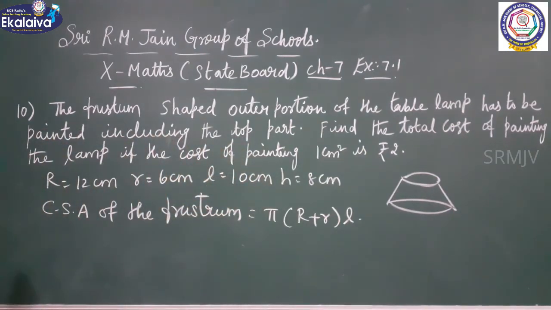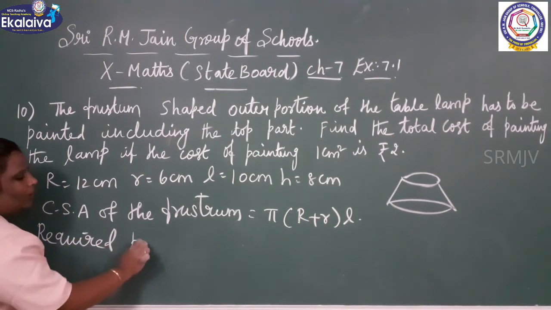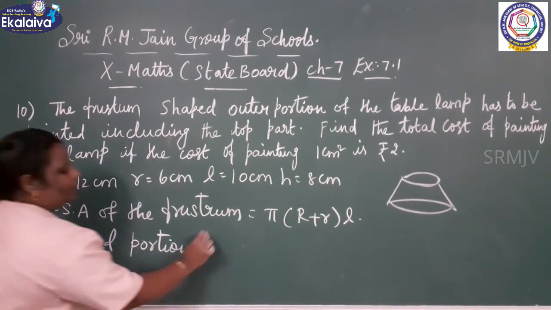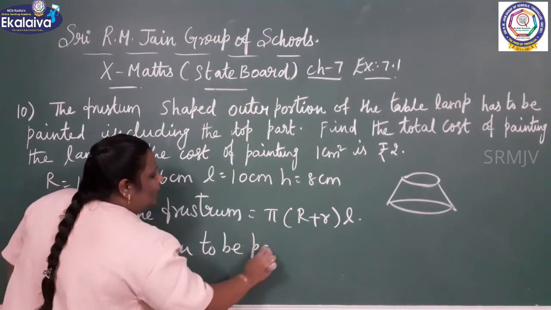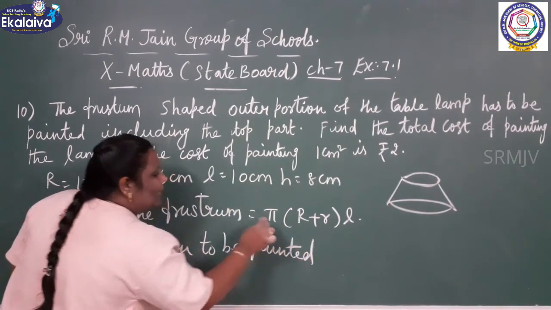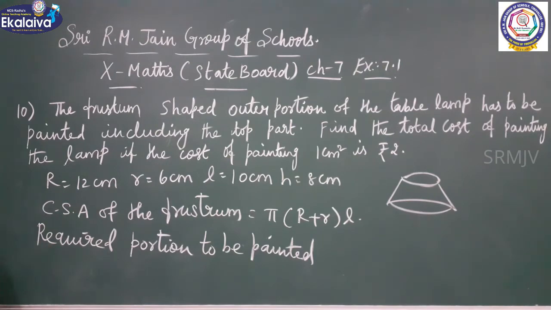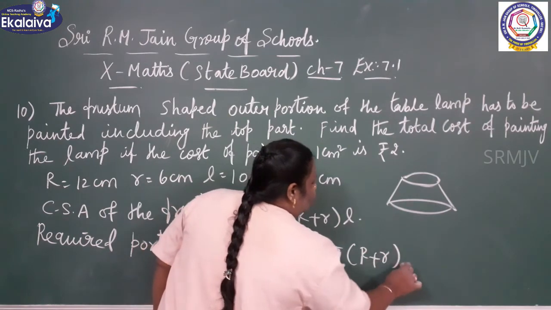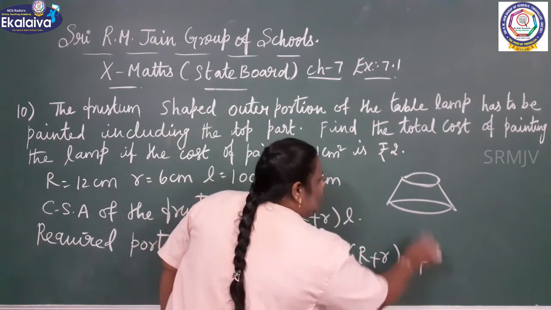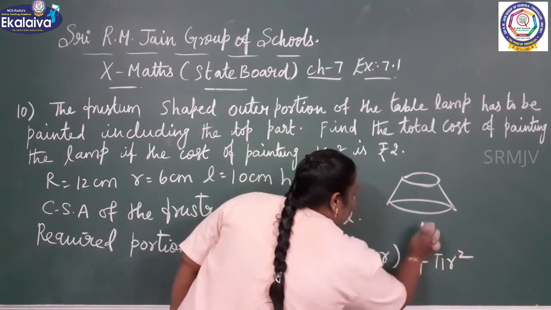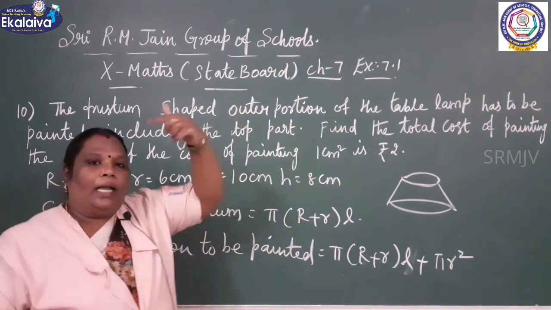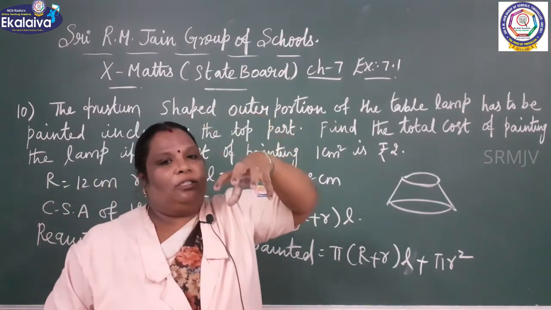So required portion to be painted equal to curved surface area of the frustum plus top part. The top part is in the shape of the circle.